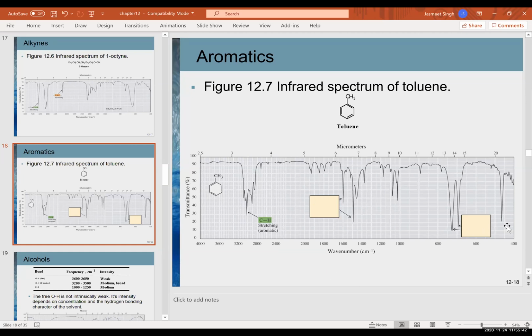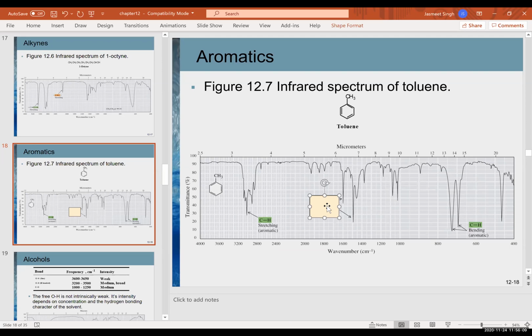Anyway, another characteristic pattern in aromatic compounds is in the fingerprint region. Normally, we do not analyze the fingerprint zone, but for aromatics, this is the CH bending of aromatic, these two peaks, around 700.